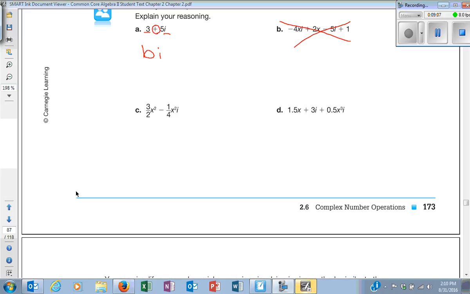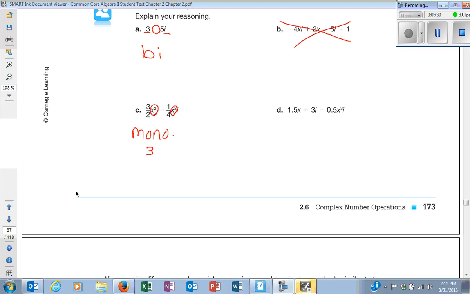Right here, these guys are not like terms. They're saying right here, this is a monomial. And again, it's kind of the weird part of the book. The reason they're saying that is, you see how they have the x squared in common?